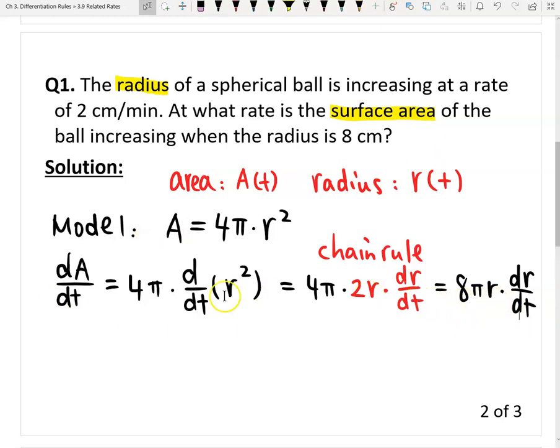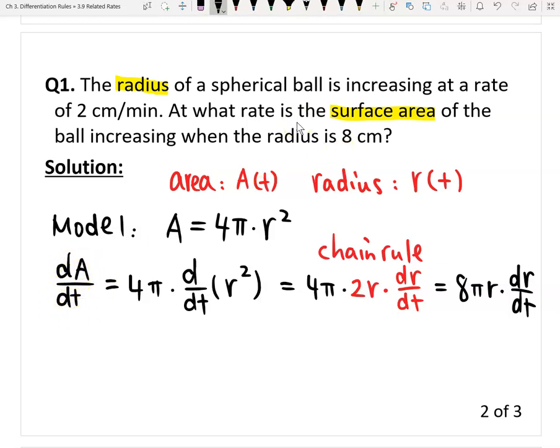It's easy. Okay, now we definitely build the equation for these two rates, the rate of A, the rate of r, in one equation, right? And then solve this equation to find the rate that they ask. They ask what? They ask the surface area, which is the rate of the surface area, dA/dt. Okay, the question is to find the left side.